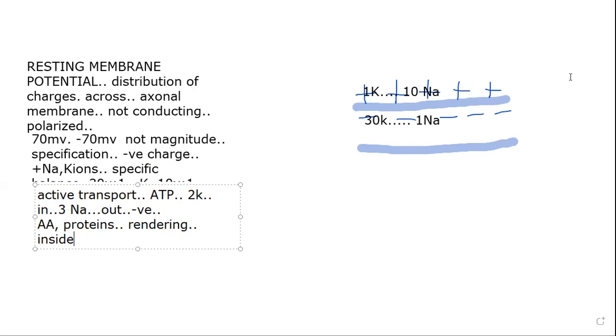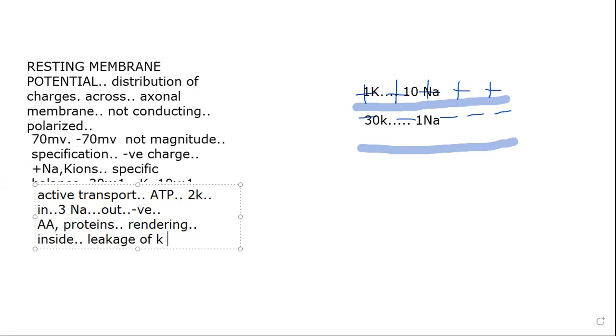Except movement through the pump, we have channels also, and there is going to be a leakage of potassium from these channels, and because of that, more positive is moving out. The leakage of potassium across the channel means that it is going to be according to the gradient.